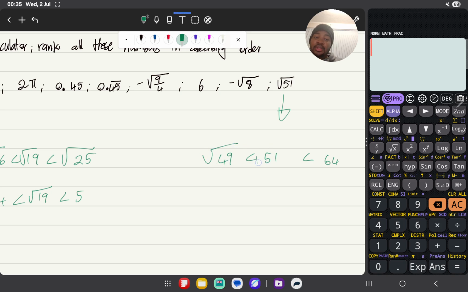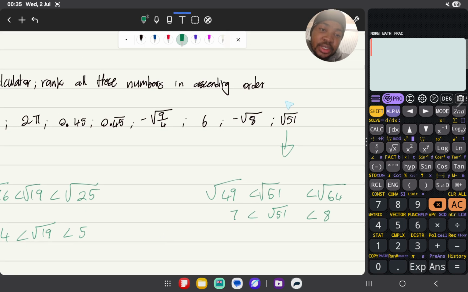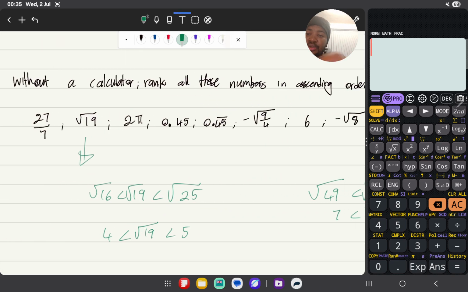Then we put our square roots all over, and then we have 7, square root of 51, 8. So this one is between 7 and 8. So I'll just say 7 and 8, and then this one is between 4 and 5, so I'll say 4 and 5.